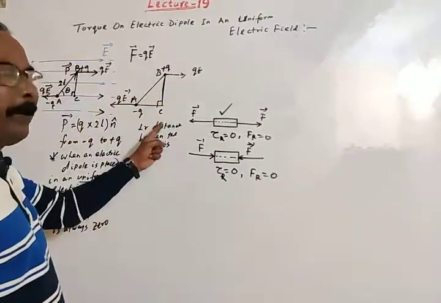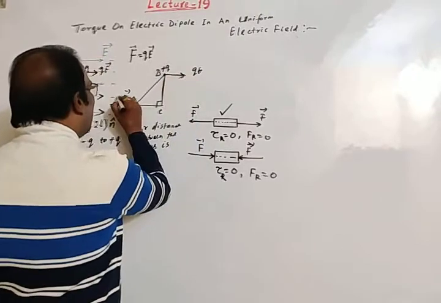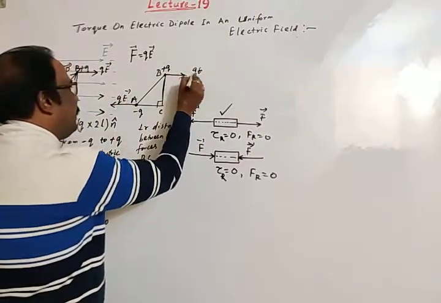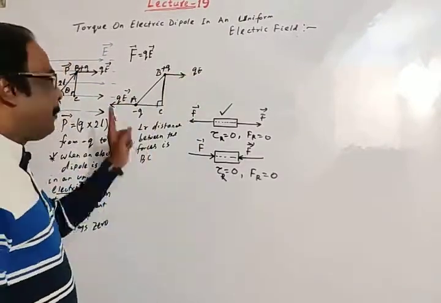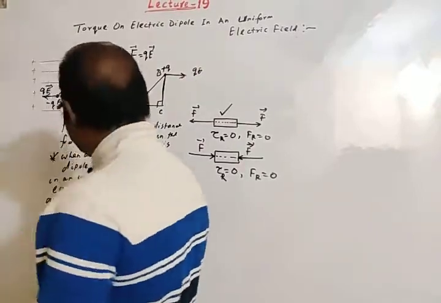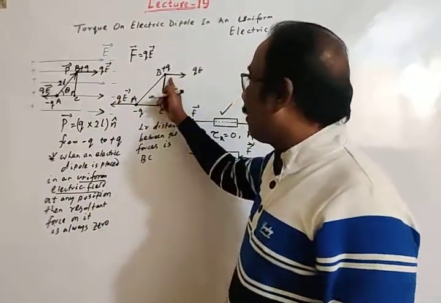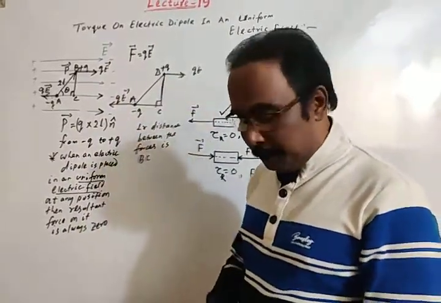Here also resultant torque is 0 and resultant force is 0. But this is the different case. Here these two forces are equal in magnitude, QE and QE, but opposite in direction. In this case, as we have discussed, resultant force is 0 but resultant torque is not 0.